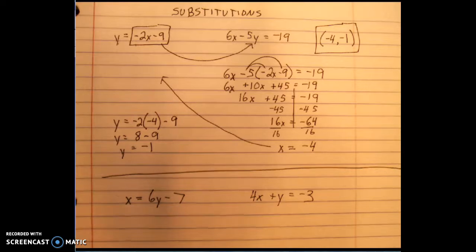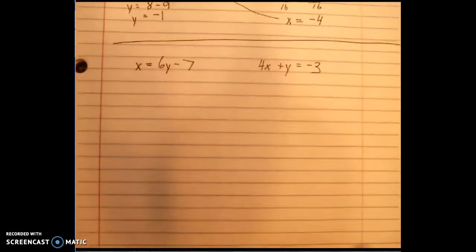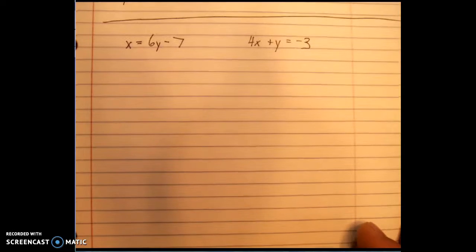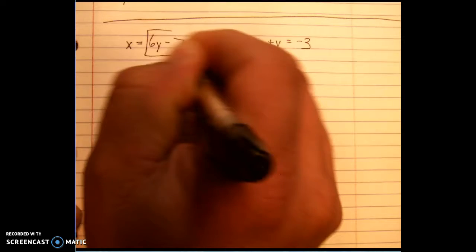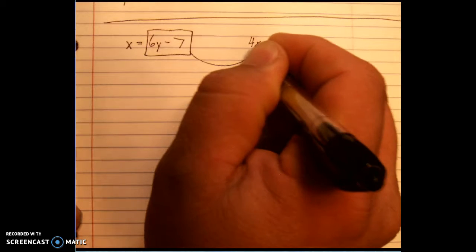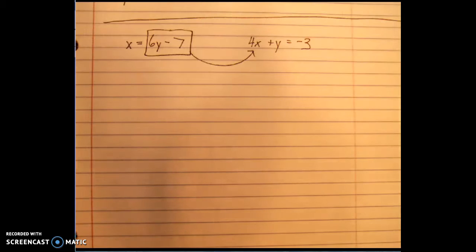Okay, let's see how you did. So, to solve this system, this one is set up already. The x is by itself, so I'm going to take this piece right here, and I'm going to put it in place of the x in this equation. In place of the x.